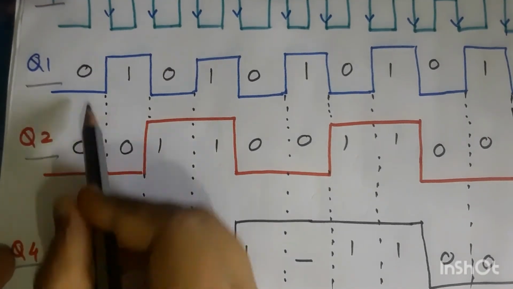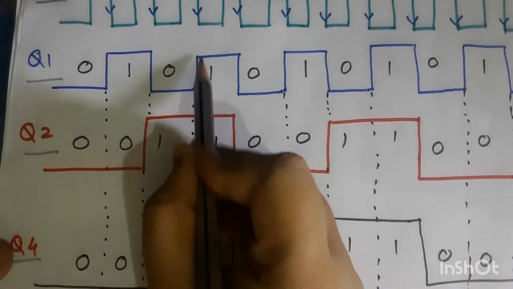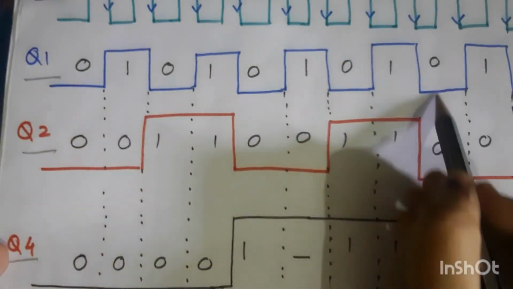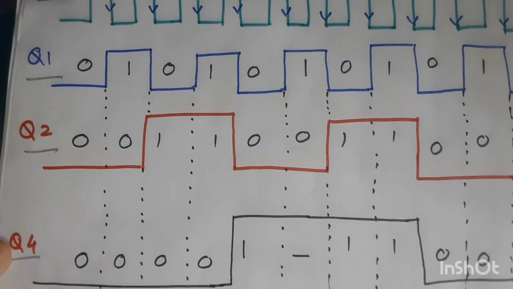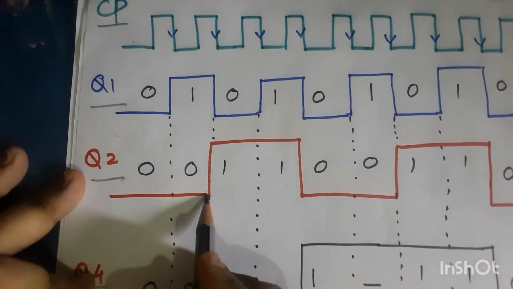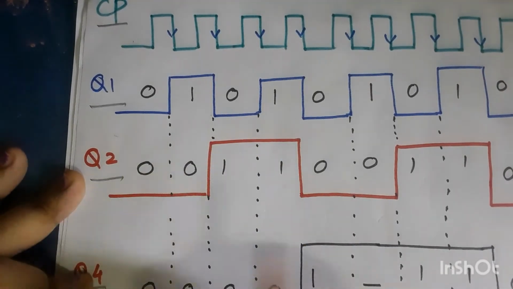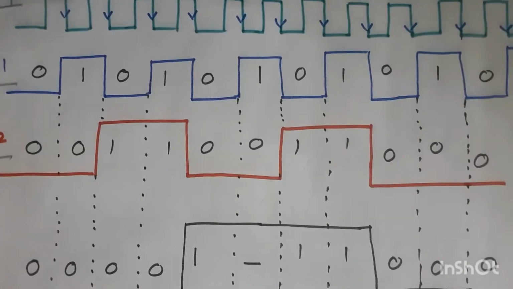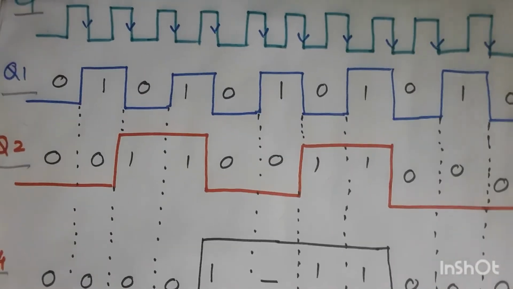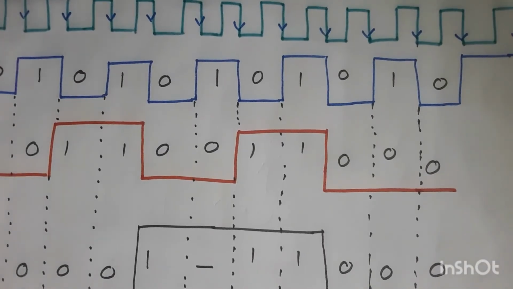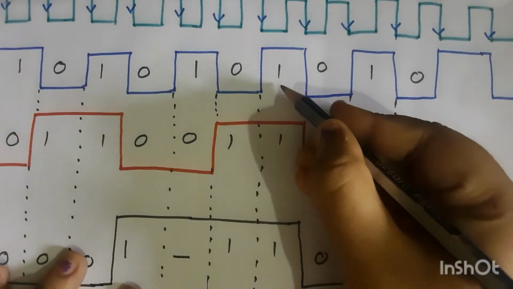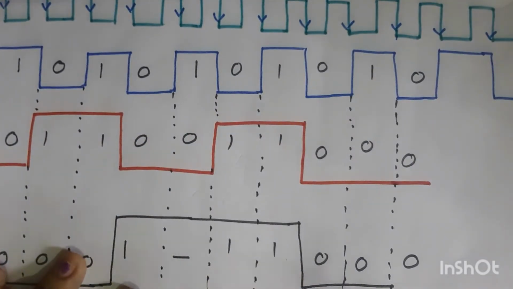Now Q1 is toggling whenever the 1 to 0 transition is happening. For Q2, with all the conditions which I have put, it will toggle from 1 to 0 till the point of the 7 value.